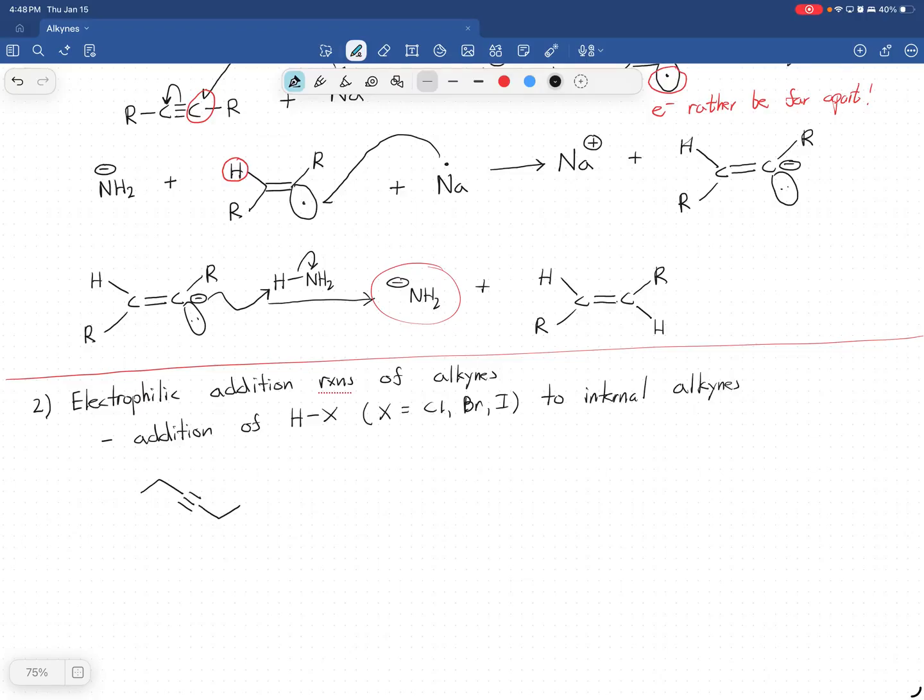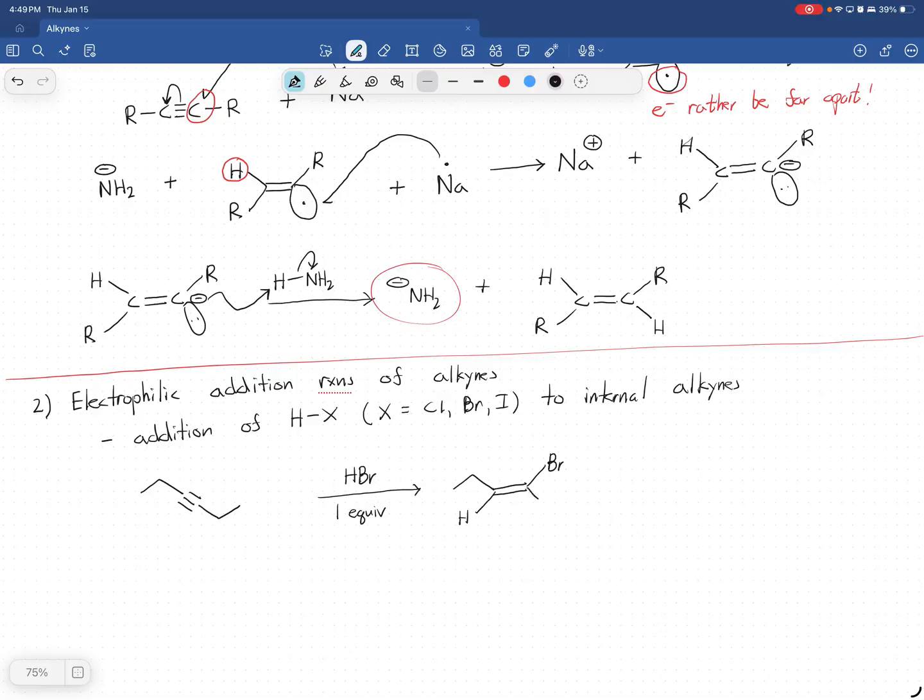And just say we have one equivalent of HBr. The problem with just one equivalent is that you will get a mixture of alkenes. So you will get this Z alkene.